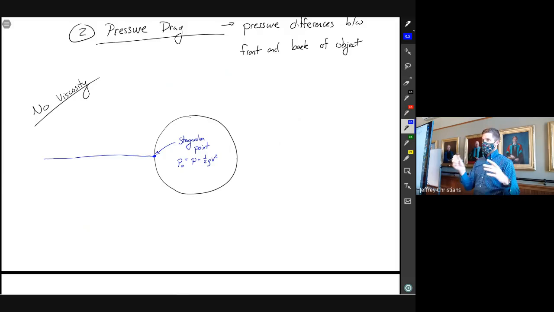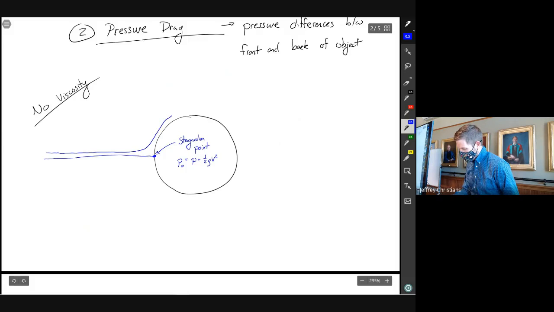If we watch what happens with some of the fluid that goes around the object, it's going to come in here, curve, and go up and around.